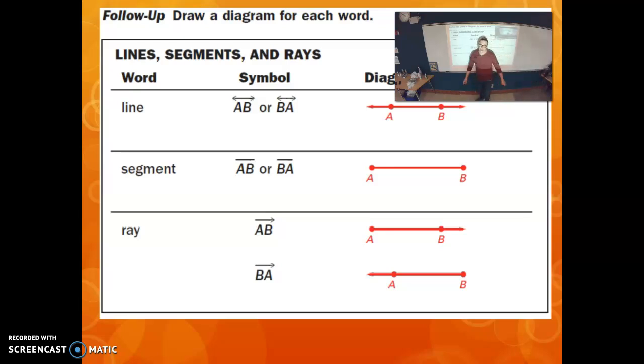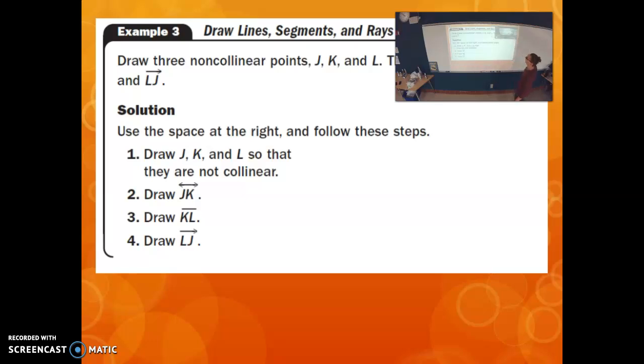So pay attention both to the notation, these symbols on top of the letters, and what the diagram is going to look like as well. Also, sometimes you will see lines or segments or rays that are not labeled with a lowercase letter. This is an alternative way to label them, and is actually the way we'll be labeling them more frequently.